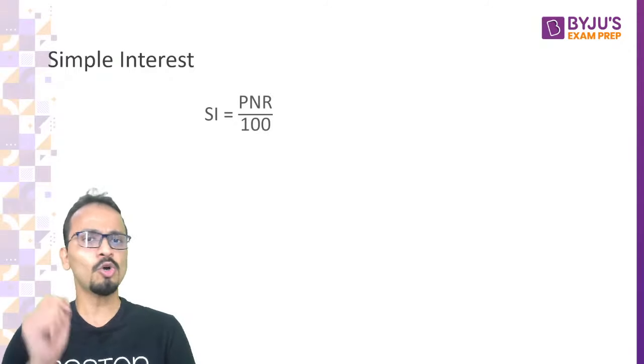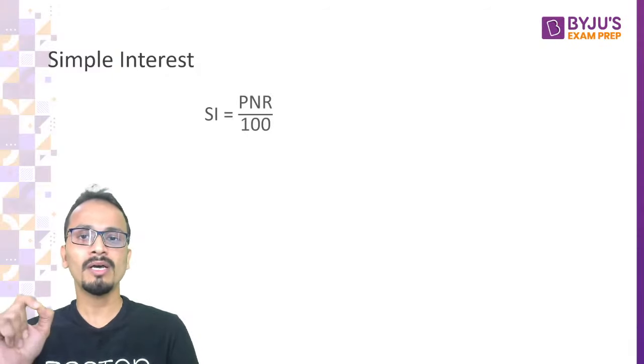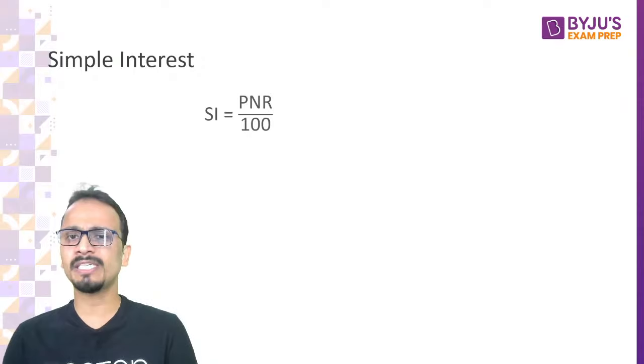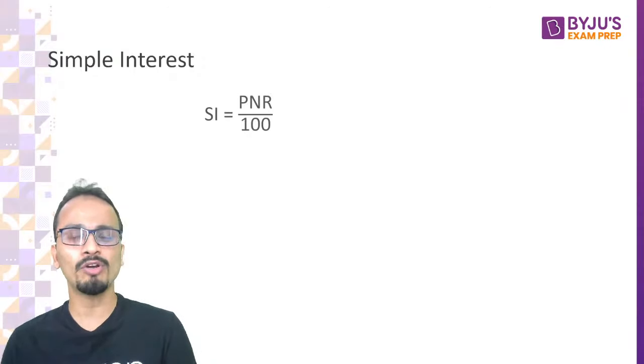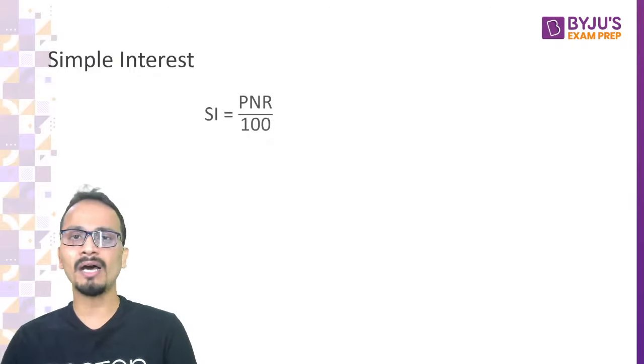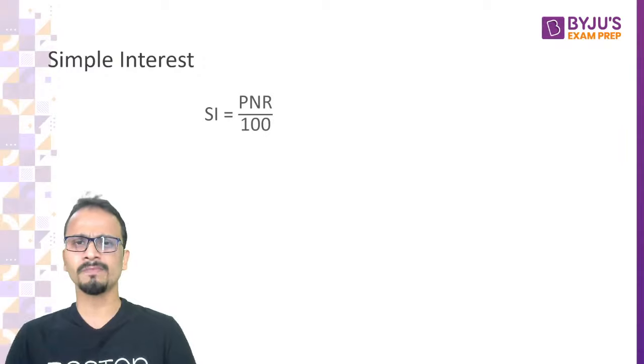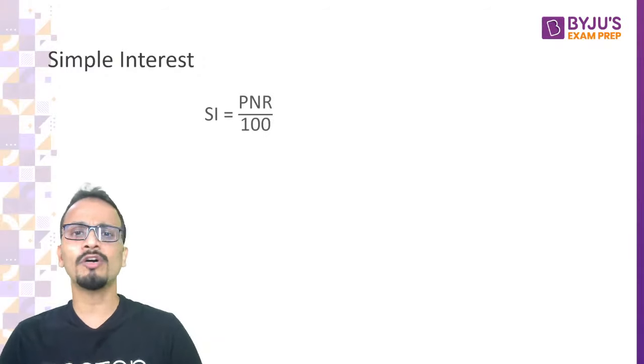Simple interest is equal to principal into time, where I have represented time by n, the number of years, multiplied by the rate, so PNR divided by 100.